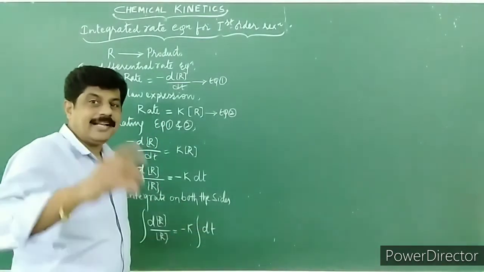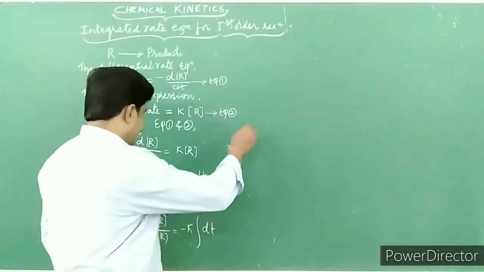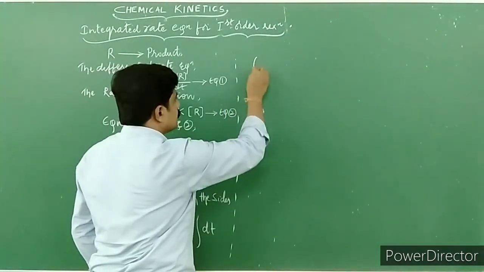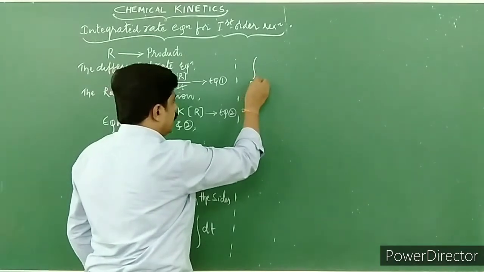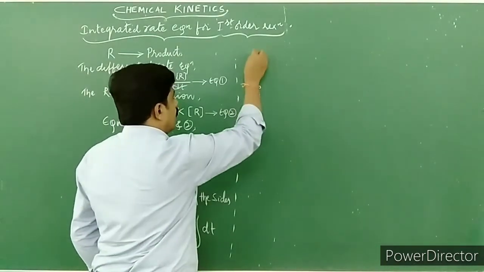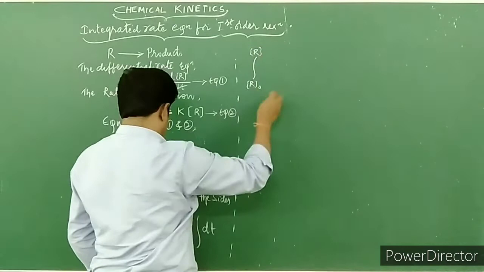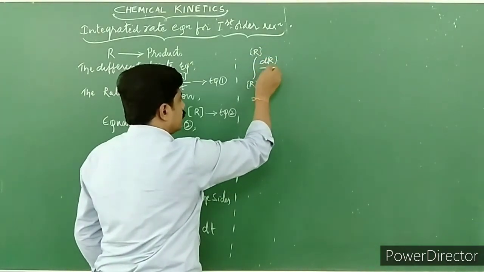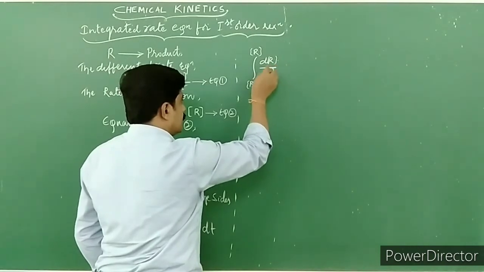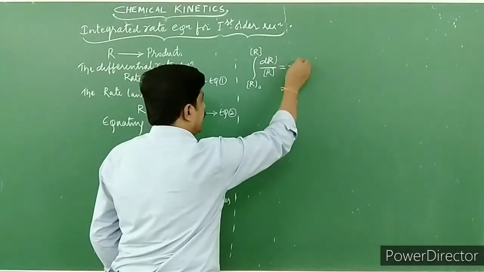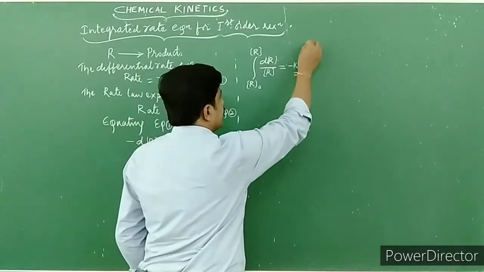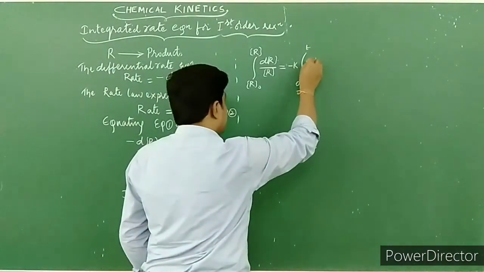Once I integrate, I'll identify the limits. Children, look at here. This will be R naught to R. So integral of dR upon R is equal to minus k into integration of, I'll identify the limit, 0 to t, dt.